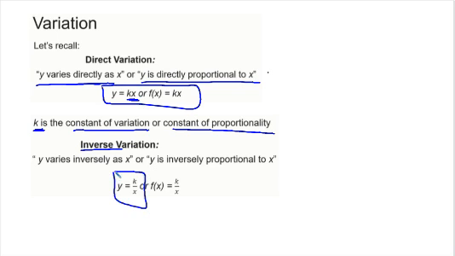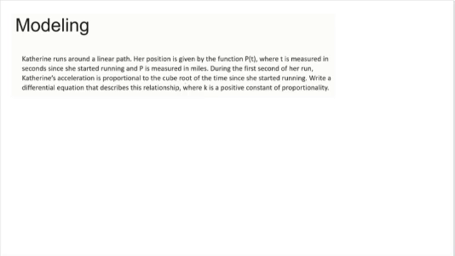So the reason I'm going over that is because of some of these modeling questions that we will have today. This looks like a big, long, worrisome problem, but it's really not. Catherine runs around a linear path. Her position is given by the function p of t, where t is measured in seconds since she started running, and p is measured in miles.